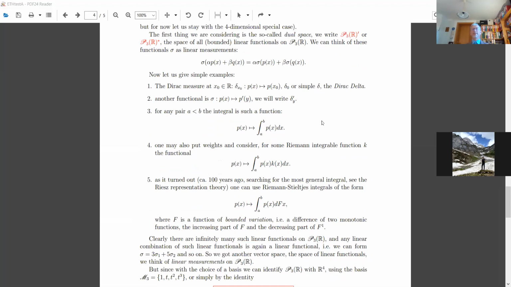So we have now a nice space, and we have the functions, which you can think of as the signal space, and we have the functionals, which, especially if you think of the first one and maybe number 4, can be taken as measurements. The first one is a precise point value evaluation.